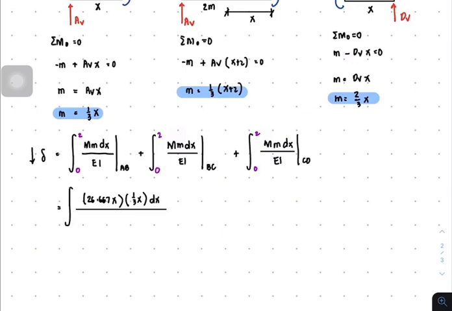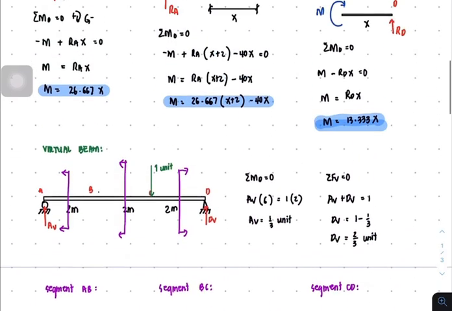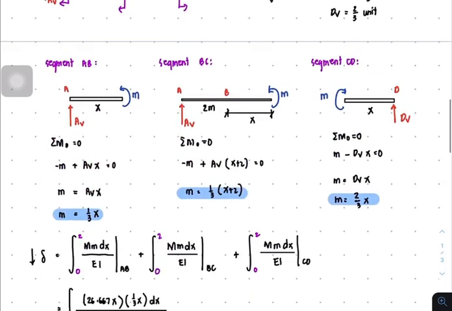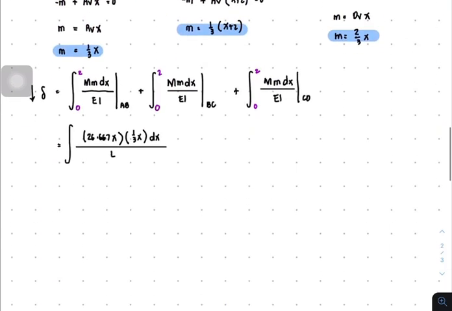Where did the 1/3 come from? It's from here. Again, this is the segment for AB for virtual, and this is the segment equation for AB in the real beam over EI. And then the limit is from 0 to 2.